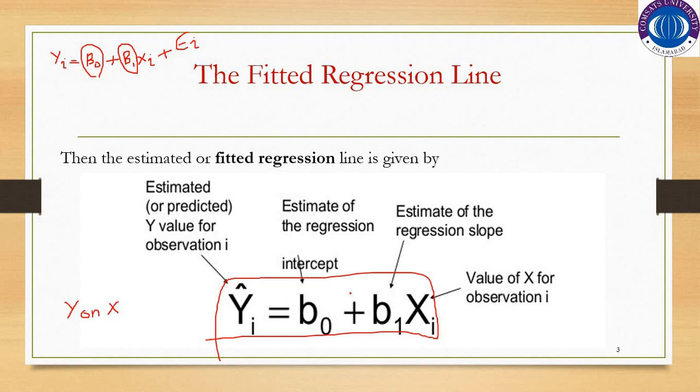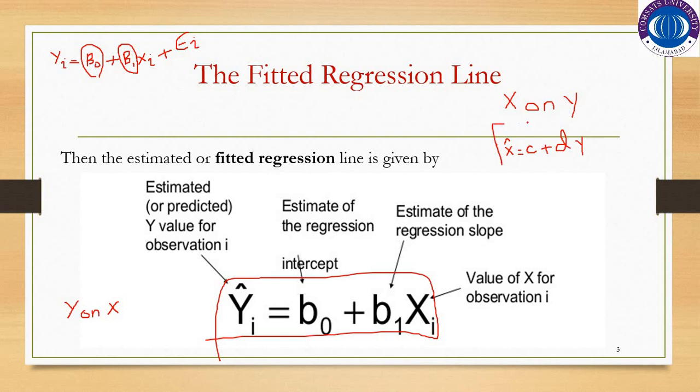Let's suppose you want to regress x on y, so it would be x on y, and the line would be x hat is equal to c, where c is the intercept, plus d times y.